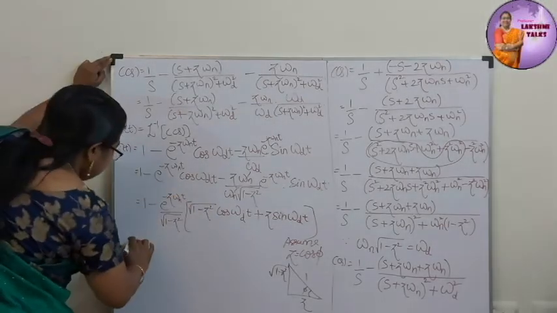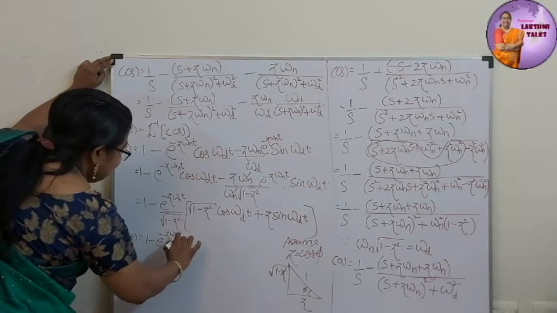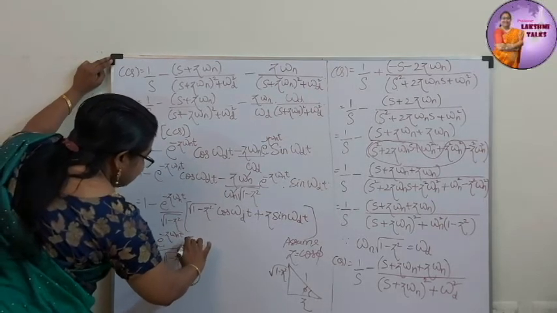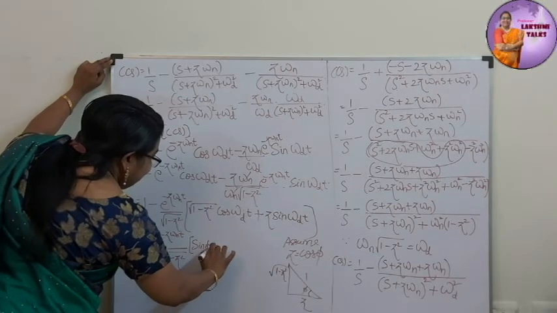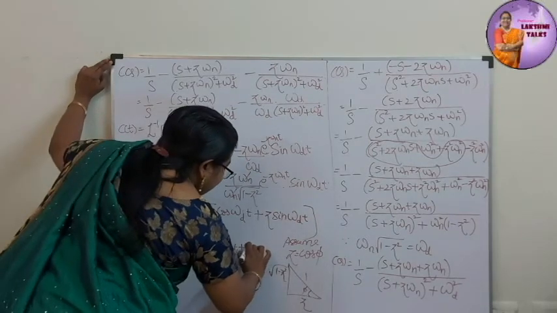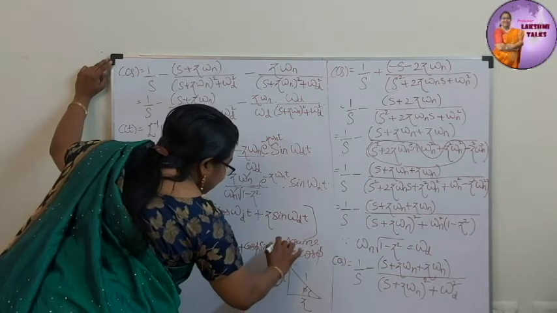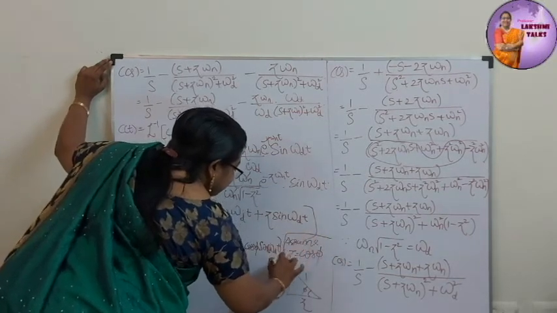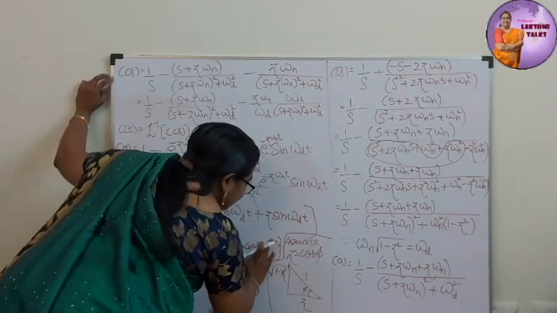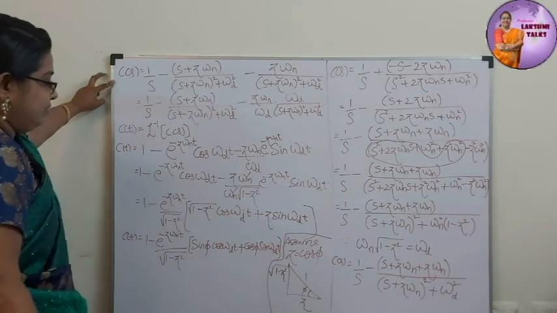So we can substitute. C of t becomes 1 minus e power minus zeta omega n t divided by root of 1 minus zeta square into (sin phi cos omega d t plus cos phi sin omega d t).